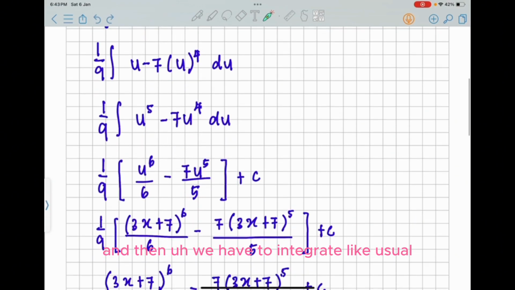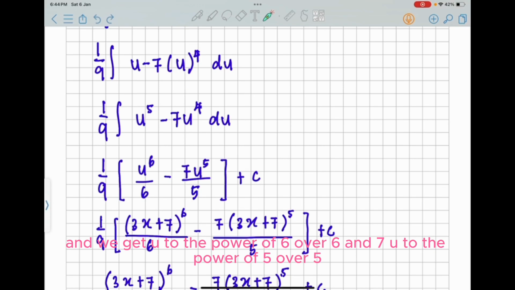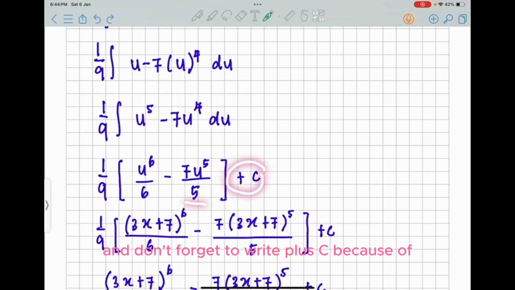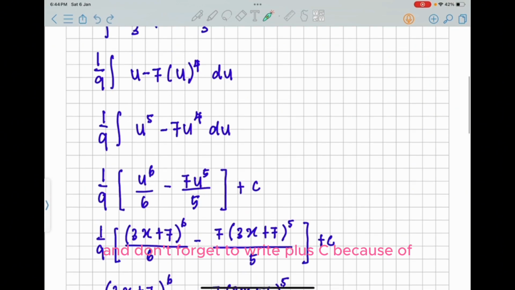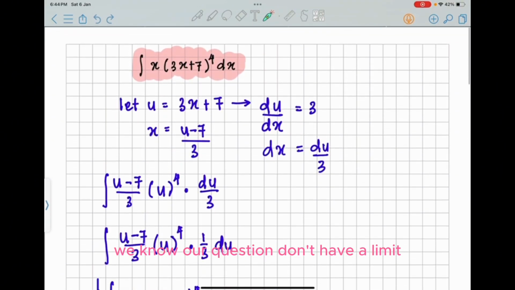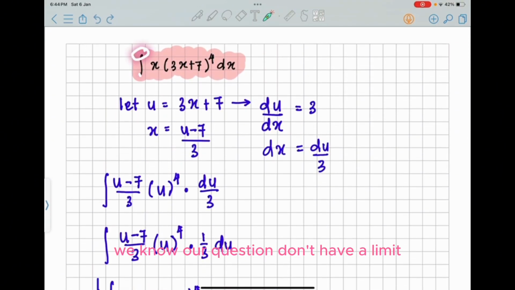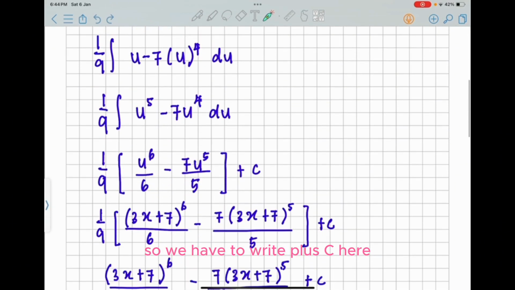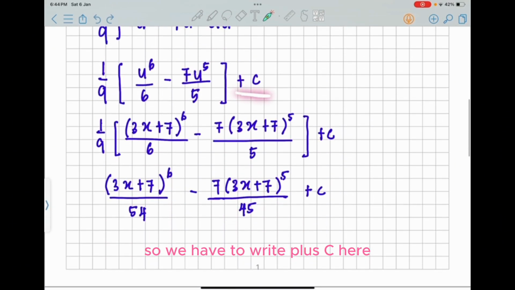Then we integrate like usual and we get u to the power of 6 over 6 minus 7u to the power of 5 over 5. Don't forget to write plus c, because our question doesn't have limits, so we have to write plus c here.